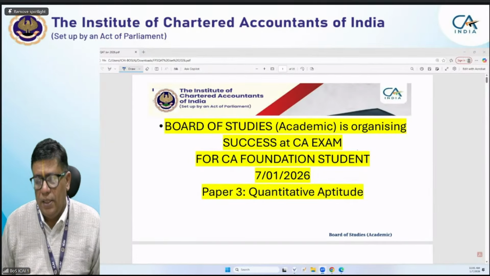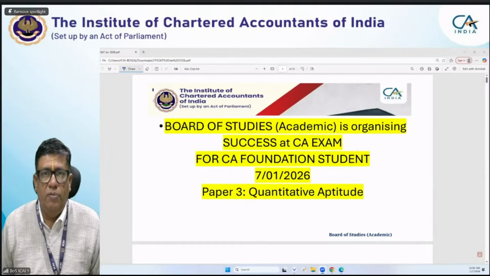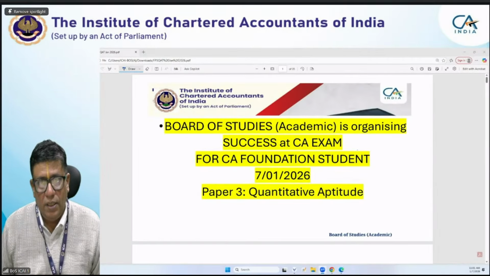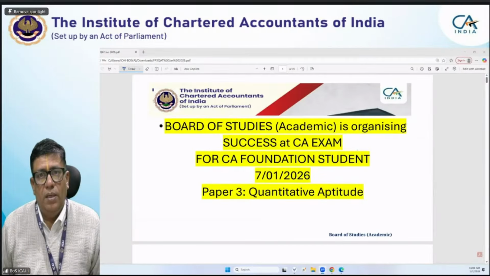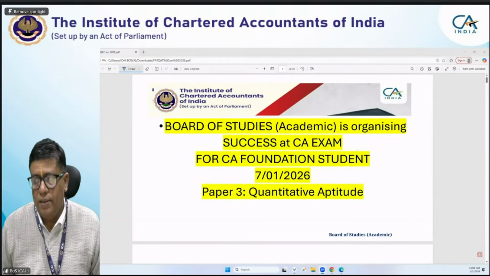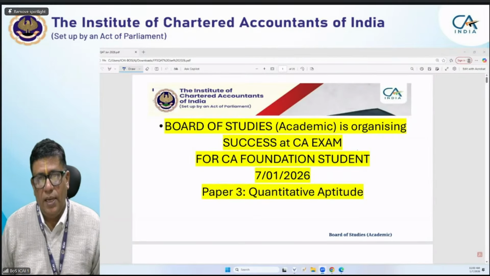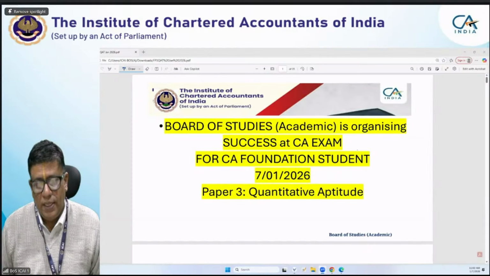And you all know very well, Foundation Paper 3, Quantitative Aptitude, consists of business mathematics, logical reasoning and statistics. This is a combination of three, and the weightage is: business mathematics has 40 marks, logical reasoning has 20 marks, and the statistics part is 40 marks.